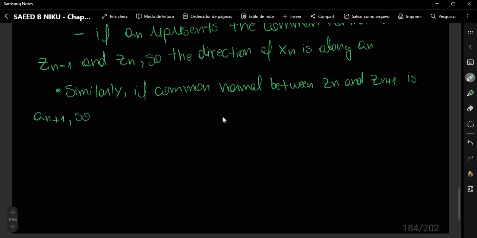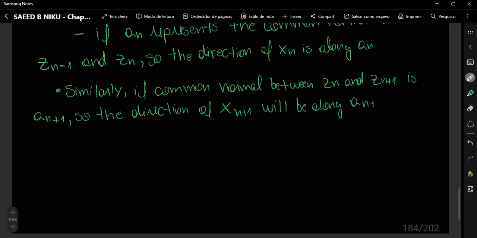So the direction of Xn plus 1 will be along An plus 1.